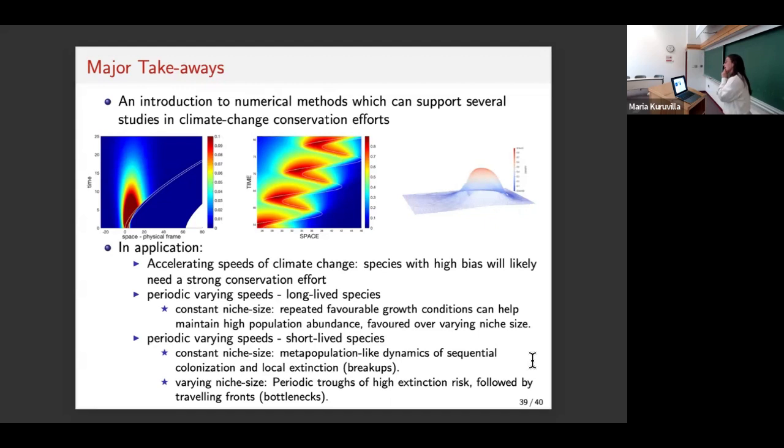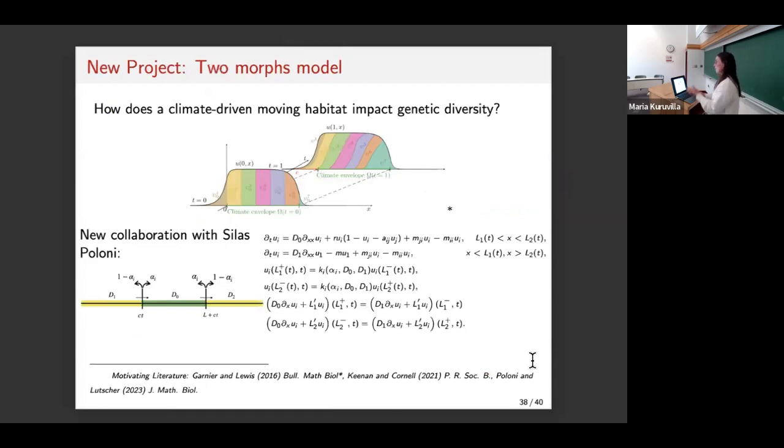So certainly a really interesting question to ask, and it is something that is on my mind. I haven't done it, but it has absolute potential for using these numerical methods. In this 2 morphs model, and maybe Silas can help me out more here because he's more familiar with it, he approached me about it.